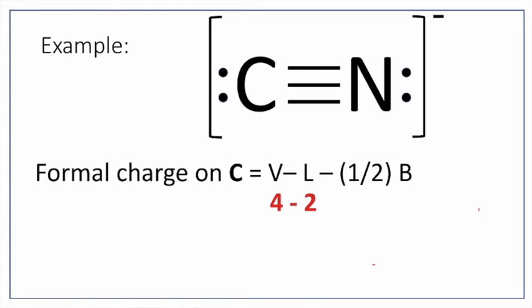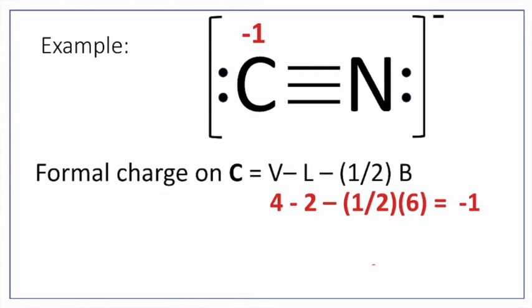Each of these bonds has 2 electrons in it, and that means we have 6 bonding electrons here. And we're going to take half of those, which is going to give us 3. So we have 4 minus 2 minus 3, and this is going to give us a total formal charge of -1. And let's go ahead and put this right over our carbon atom.